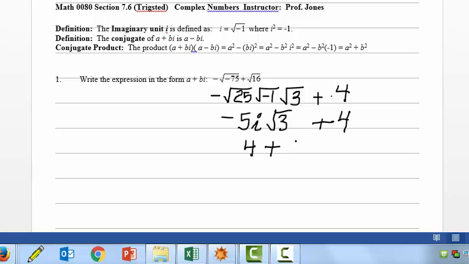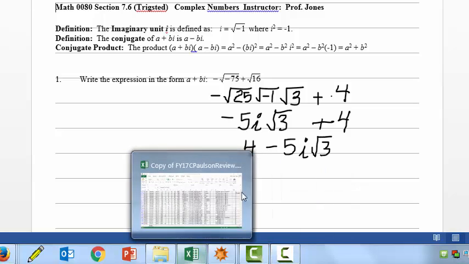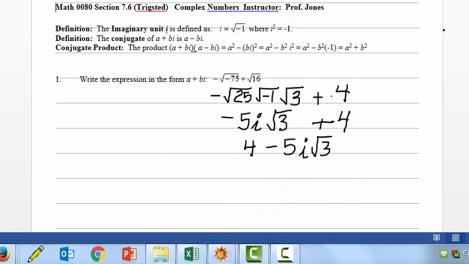It's called the real part of the complex number. And then the minus 5i times the square root of 3 comes in second position, and minus 5 square root of 3 is the imaginary part of this complex number. Okay, so that is our final answer on that one.